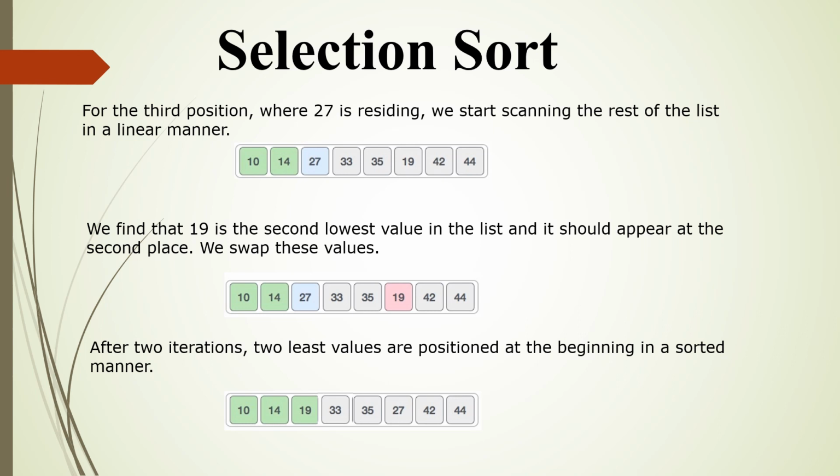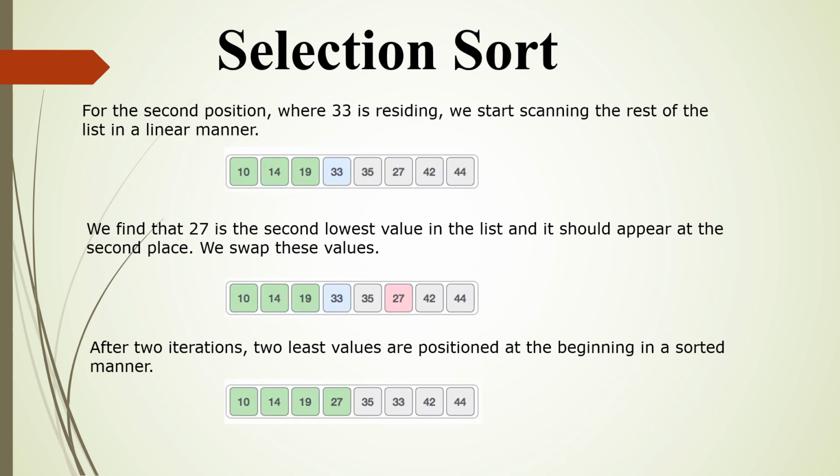In this way 19 reached its correct position. Now the sorted list at the left end is 10, 14 and 19, and the right side contains the unsorted list, that is 33, 35, 27, 42 and 44.